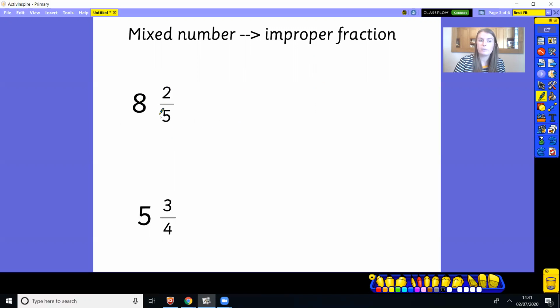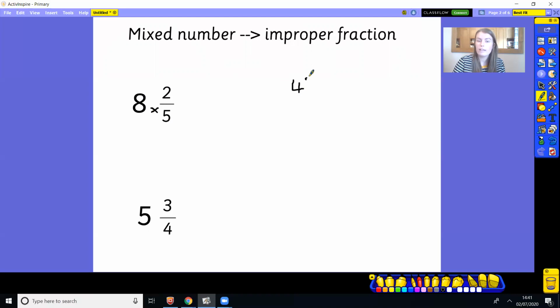And to do that, we times the whole number by the denominator. So I usually put a little multiplication sign there to remind me. So 8 multiplied by 5 is 40, but I still have 2 left over, so I add those on. So 8 multiplied by 5 is 40, add the 2, that's 42.